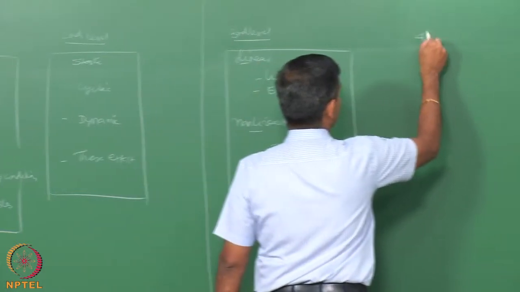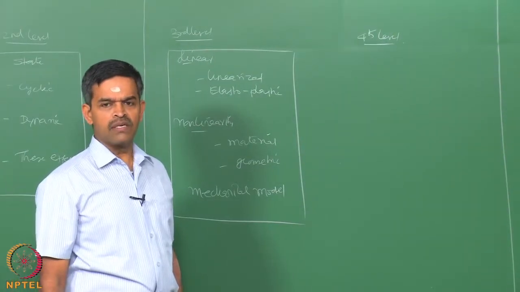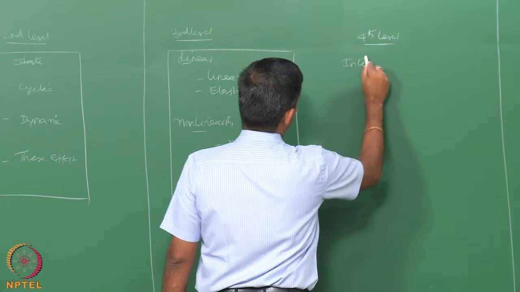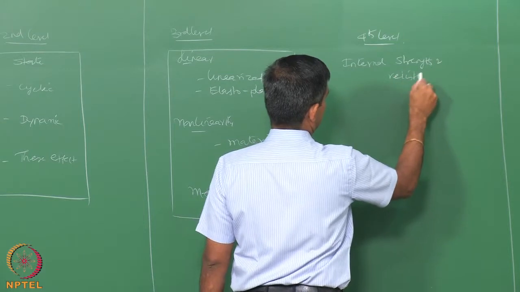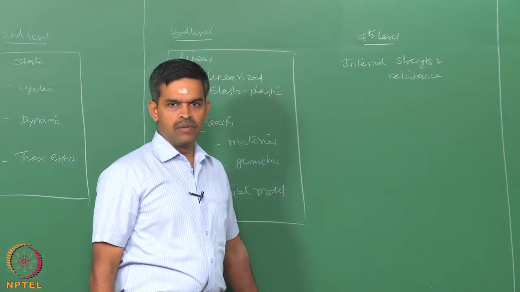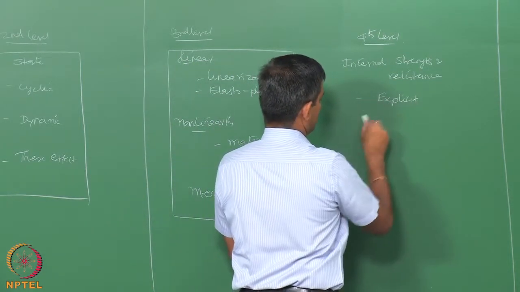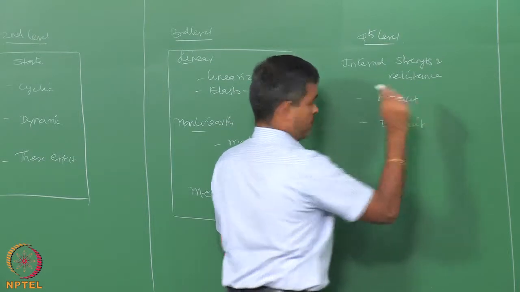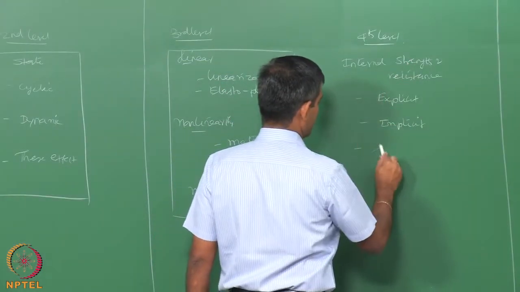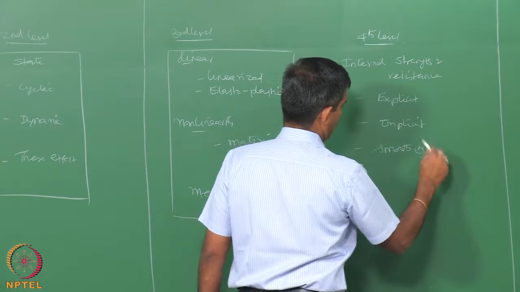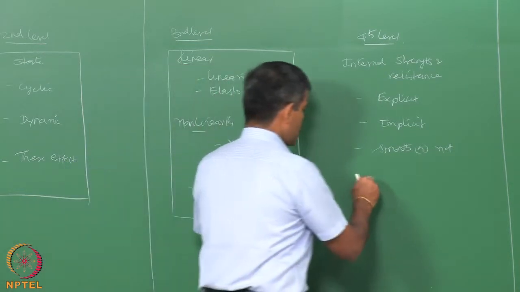The fourth level could be arising from the estimate of internal strength and resistance characteristics. Complexities can arise when you are able to locate these explicitly or implicitly. One can also comment upon whether the internal strength and resistance is smooth or not. I mean, is it easily arrivable, whether the internal resistance has a strong curvature.